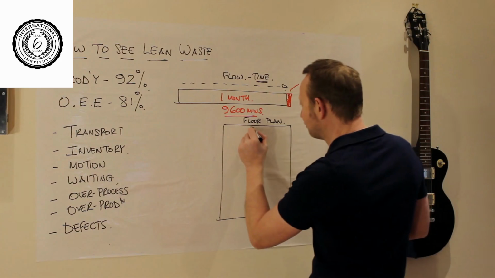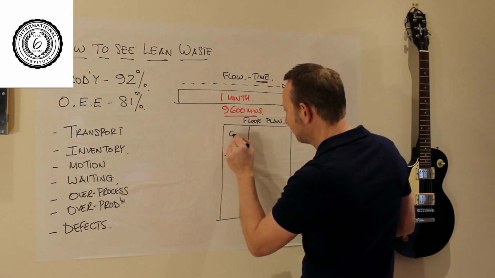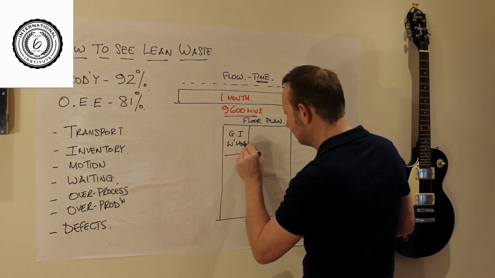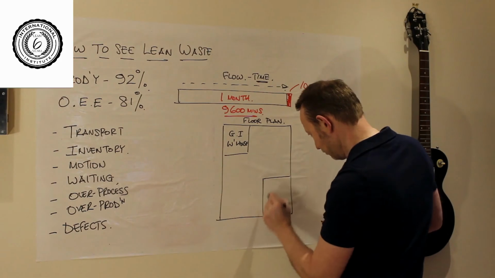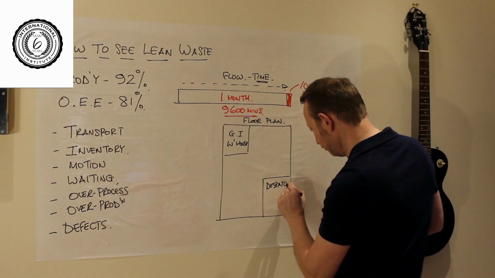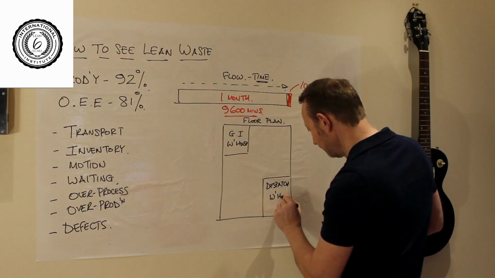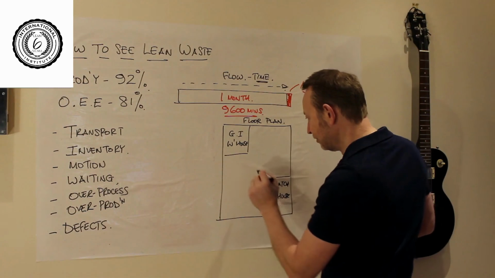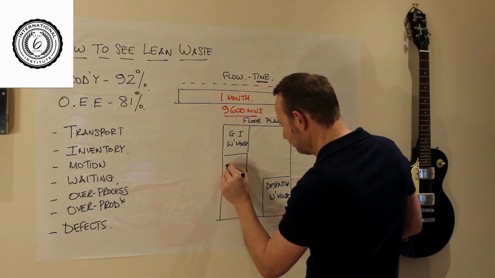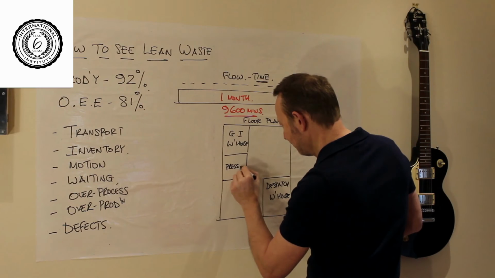What I want you to do, you'll have the floor plan. Maybe we'll have, I don't know, goods inwards warehouse. Let's go over this side. We've got the dispatch warehouse, and then if we think about the stapler that I've just looked at, maybe we've got the press shop.